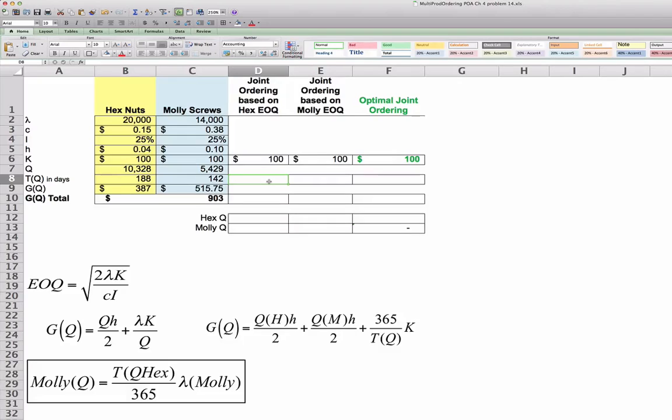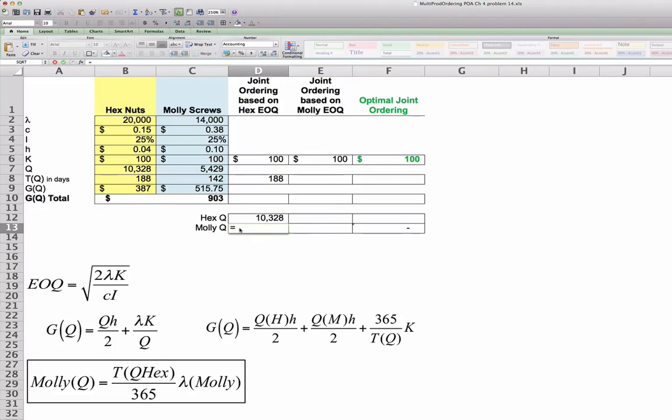So let's start out with scenario number 1, joint ordering based on the hex EOQ. If we follow what is best for hex EOQ, then the order interval would be 188 days. And we also know that in that case, the order quantity for hex nuts would be equal to 10,328. Now what we need to do is figure out what would then be the order quantity for molly screws.